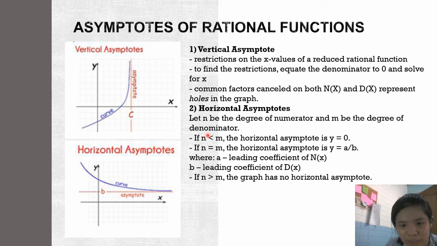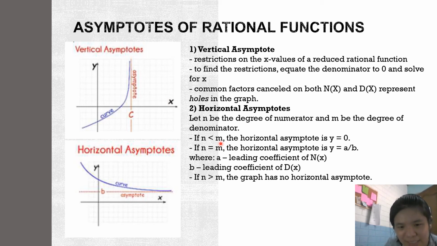How about the horizontal asymptote? Let n be the degree of the numerator and m be the degree of the denominator of the polynomial.